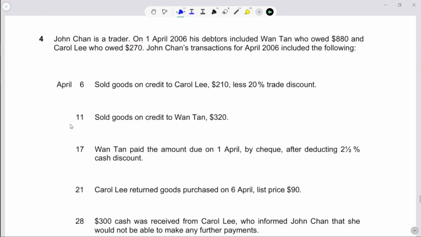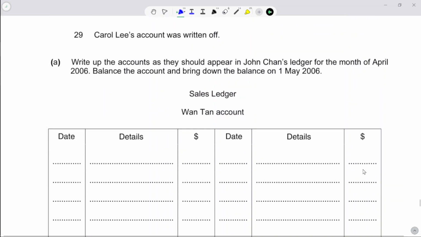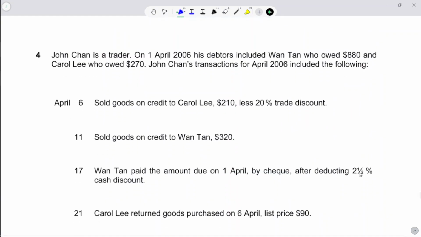Now let's go to the next question at page 10. Let's see the first line here. Debtor is actually trade receivable. So the first day is actually the balance BD.